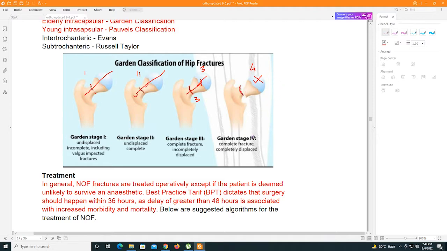So there are two things you can do here. You can only replace the head, which is called hemiarthroplasty, or you can replace both the head and also the cavity, the acetabulum, where the head resides, in which case the surgery is called total hip replacement. So when to do which one? If you only replace the head and keep the acetabulum, what will happen?